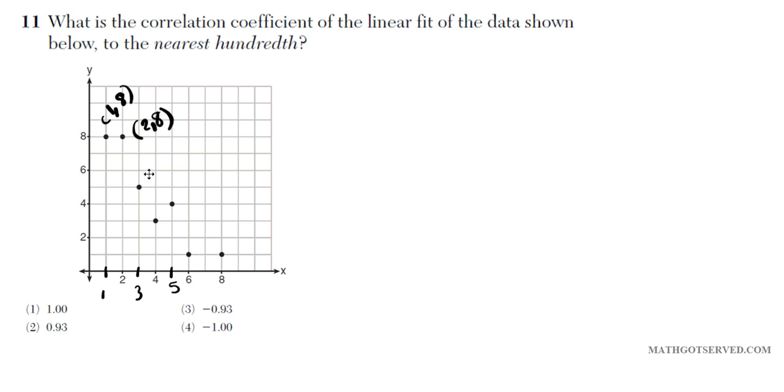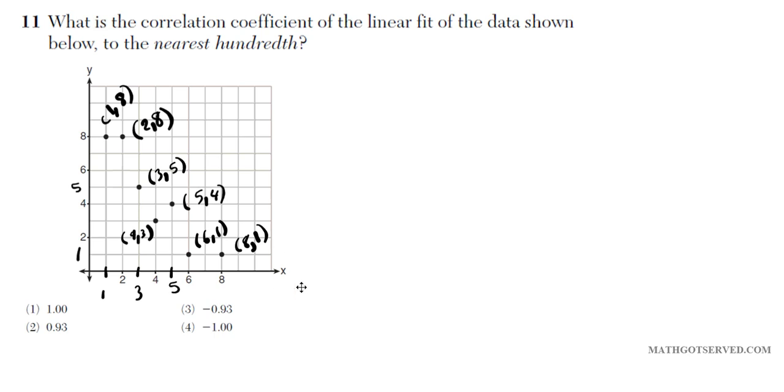The third is 3, and the y-coordinate of this point is 5. The fourth is 4, 3. This point right here. The fifth is 5, 4. The sixth point is 6, 1. And the last point is 8, 1.